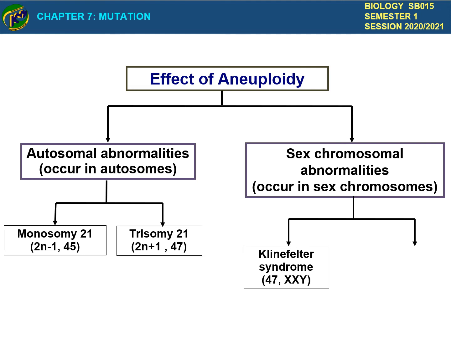So, the genotype of the sex chromosome is XXY. And the second example is Turner syndrome. This Turner syndrome has 45 chromosomes, and the genotype of the sex chromosome is XO because this individual has only one sex chromosome.